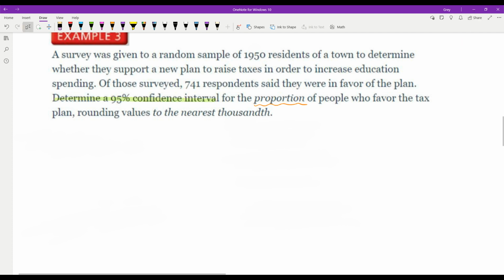We're going to use that same formula as before to find our margin of error, which was 2 times the square root of p hat times 1 minus p hat over n. To determine my p hat, remember my sample n is 1,950 residents, and 741 responded they were in favor of the plan. So my p hat is 741 over 1,950, which gives us a value of 0.38.